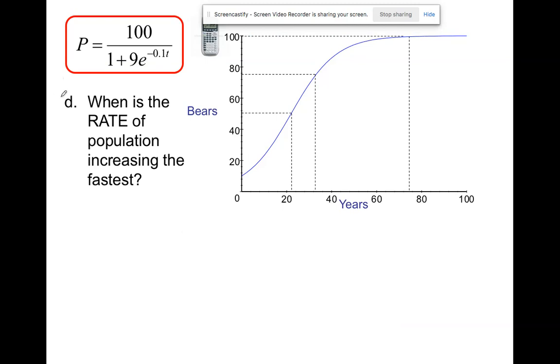Please, in your notes, put a star beside this. This is a fairly common question on AP. If they have a logistic model in here, they like to ask this question because after all, they let you skip the calculus.